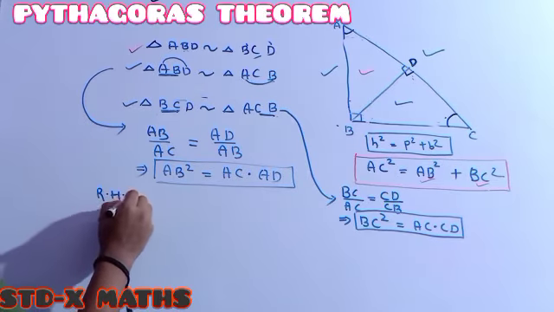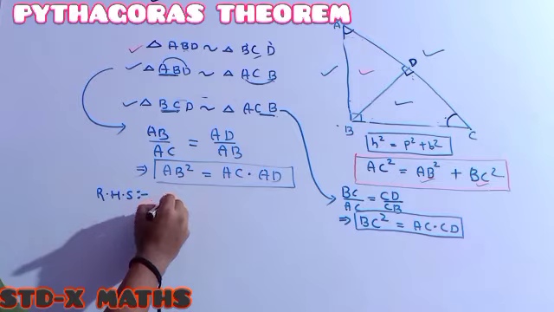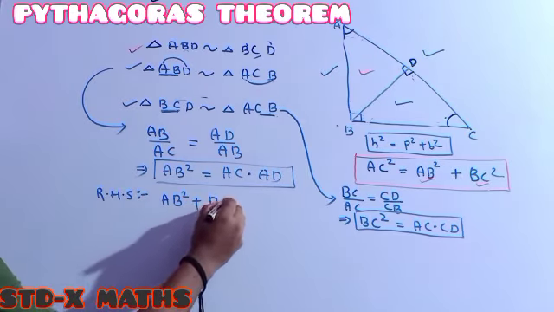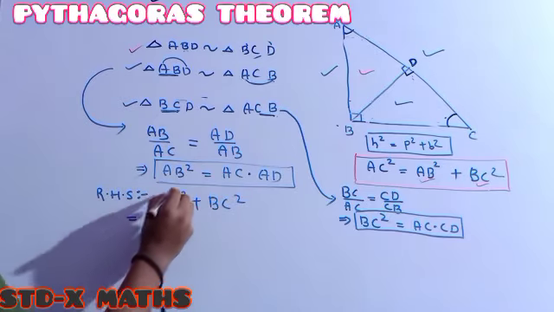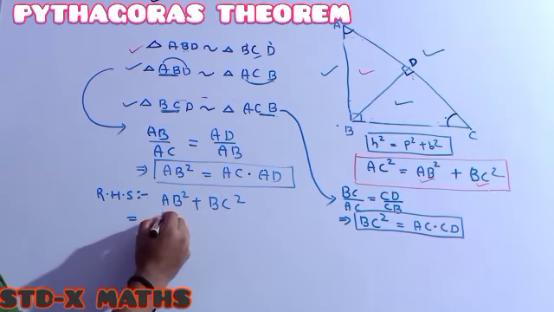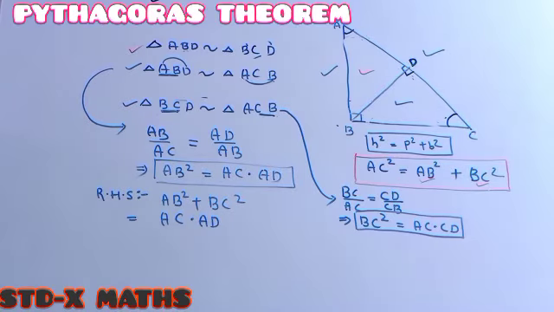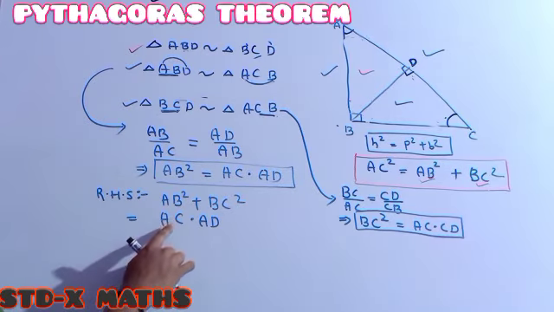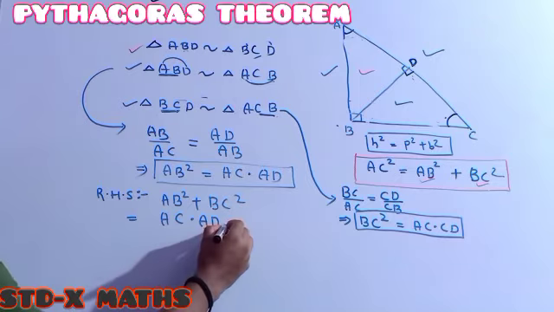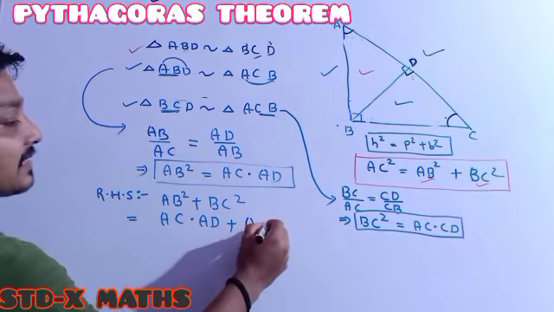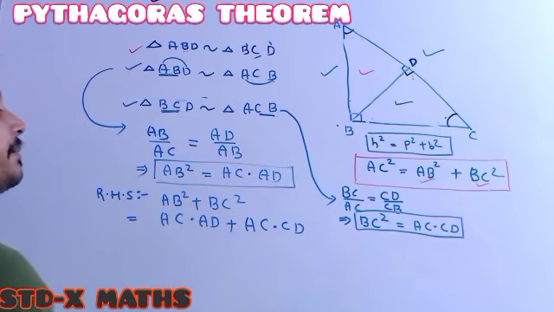Our RHS gives us AB square plus BC square, and in place of AB square I got AC into AD, and BC square I got as AC into CD.